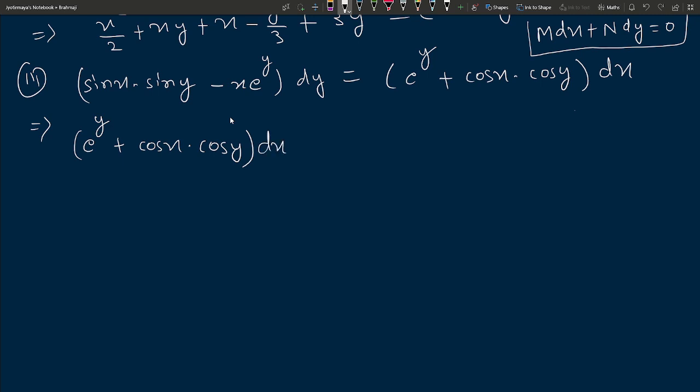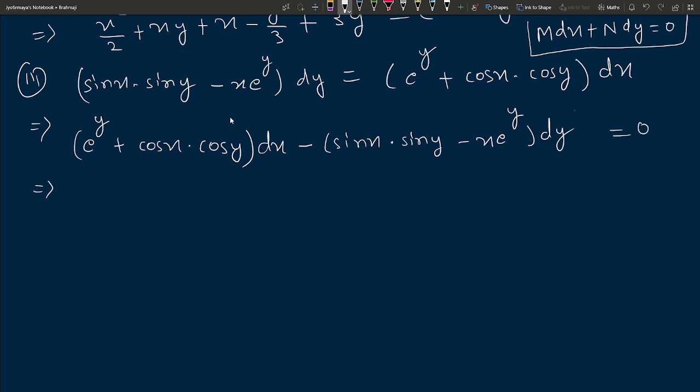Now bring this term to RHS. So this is minus sin x into sin y minus x into e to the power y dy. Now this is equal to 0.